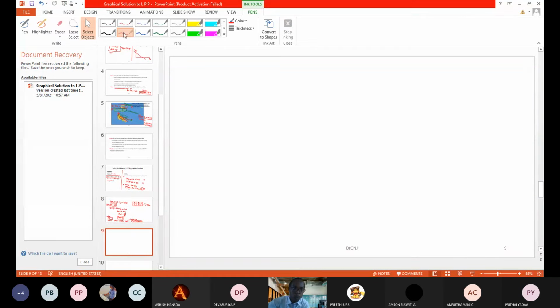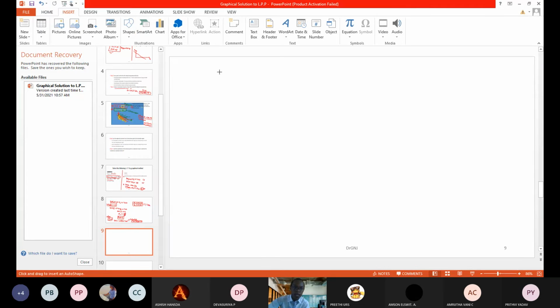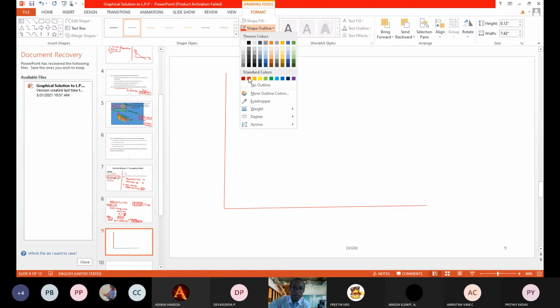Now we plot on this one. We plot on the vertical line. Your line should be very straight, so you use a scale to have the exact line.